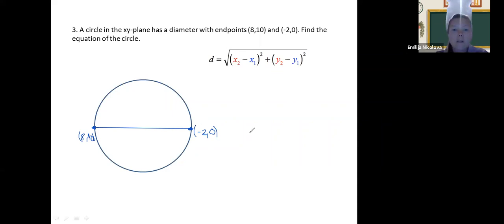So first, what we need to do: this is the distance, the length of this diameter. Why do we need the length of the diameter first? Does someone know why? What do we need to find for the equation of the circle, what are we missing?